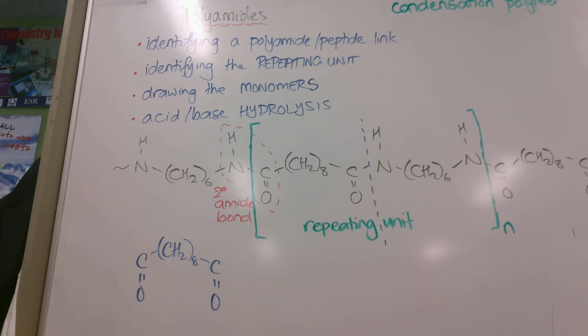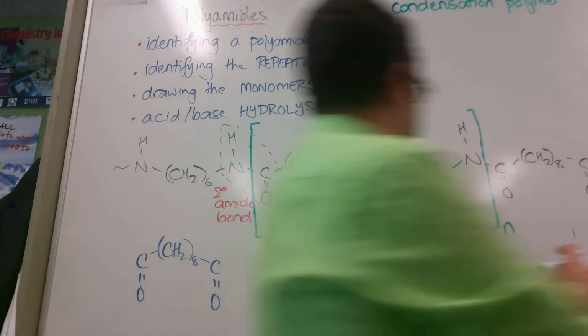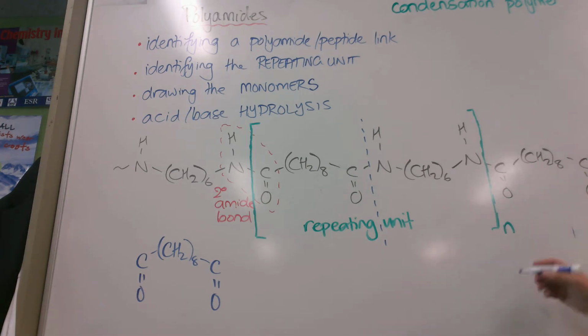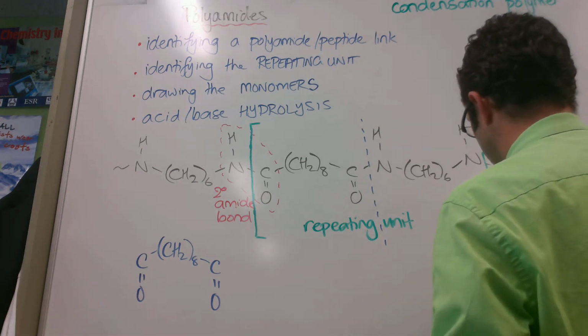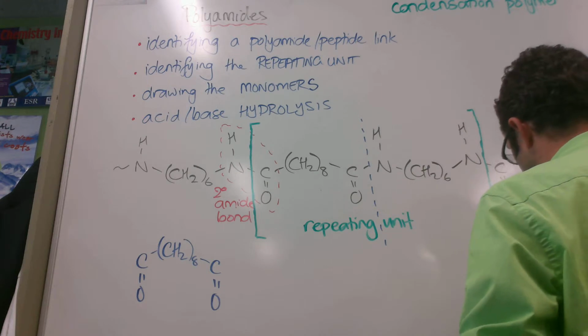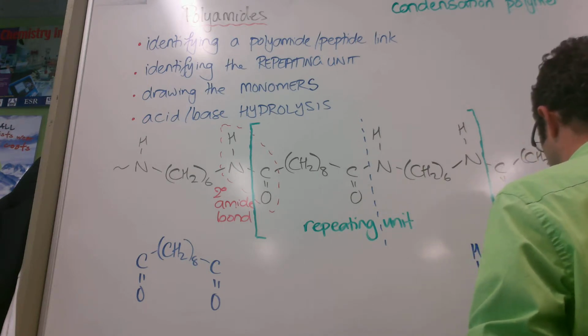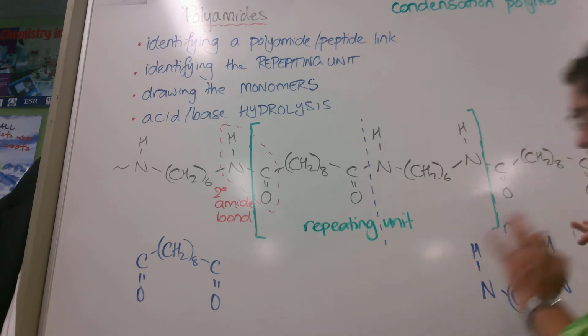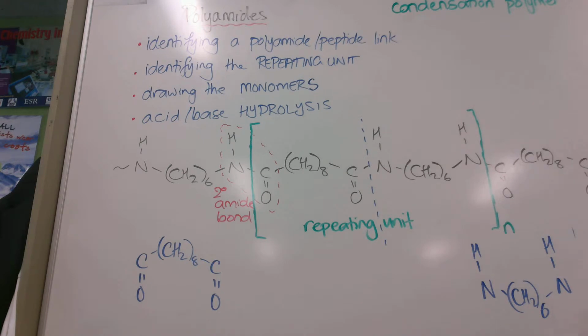I'm going to fix that in a moment. Then I'm going to bring this one over here. Again, I know it's not correct because, why is that wrong? Nitrogen's only got 2 bonds, should have 3.